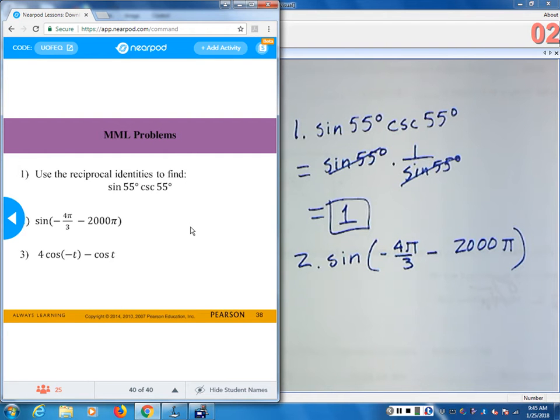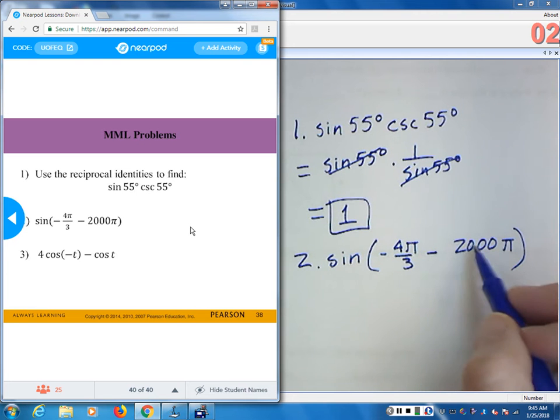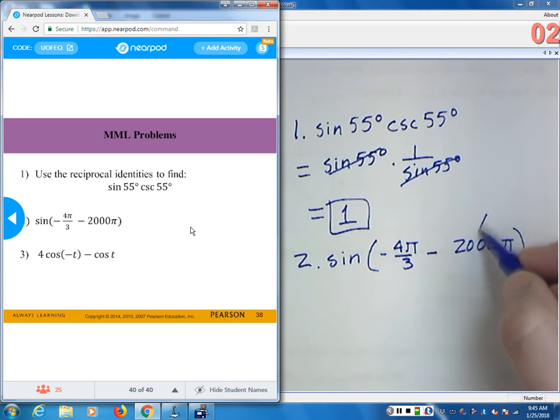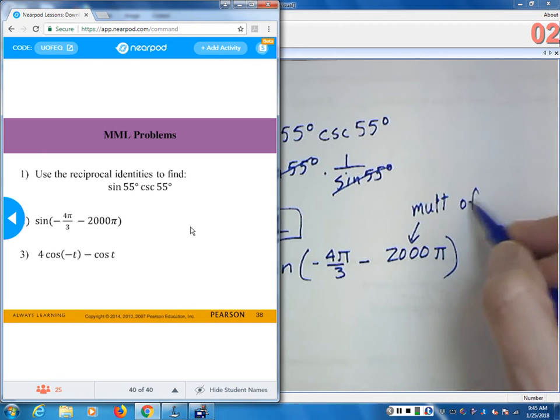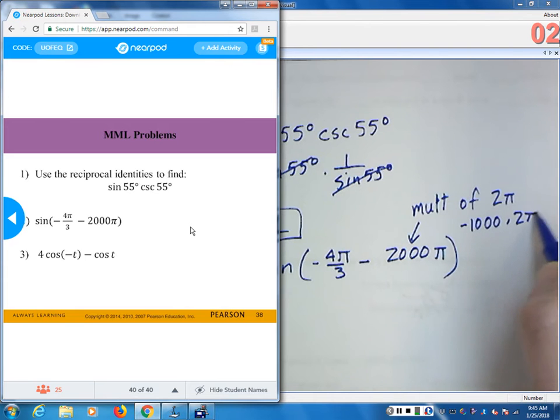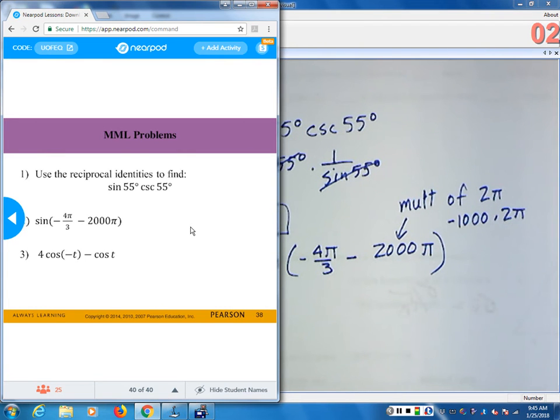Yes, it's minus 1,000 times 2 pi, so we went around the circle 1,000 times.